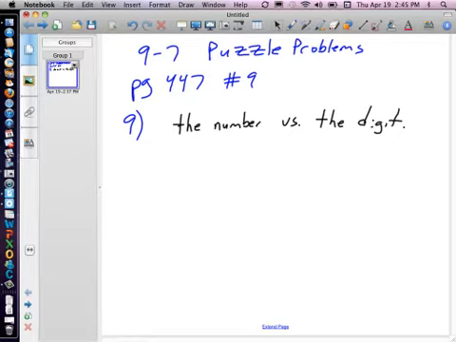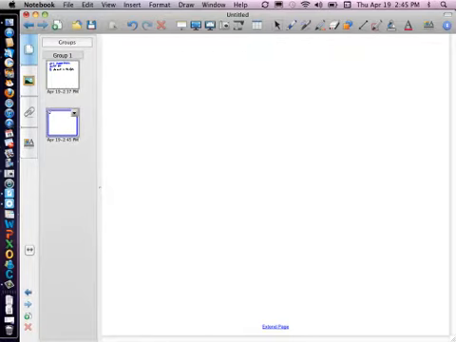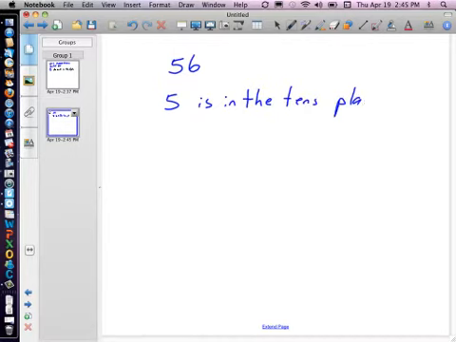If I write a number, now this has nothing to do with problem 9, so I'll just make a new page here. If I write a number, let's say 56, the 5 is in the tens place, okay? And the 6 is in the ones, which we are going to call the units place.